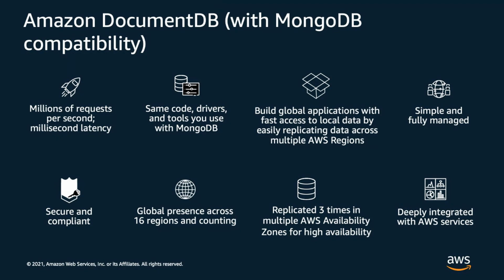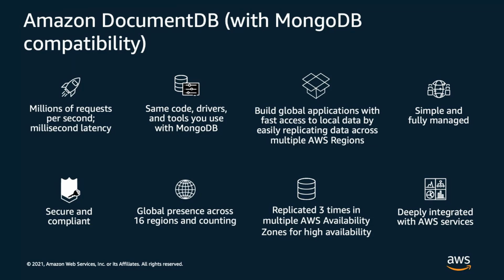We also have features like global clusters that allow you to build globally distributed applications that are resilient to regional failures. And as a managed service, we're removing all that undifferentiated heavy lifting. That means that you can focus on what matters for your business. And this is going to promote the innovation that's required to stay relevant today.